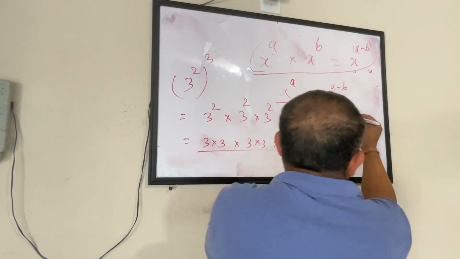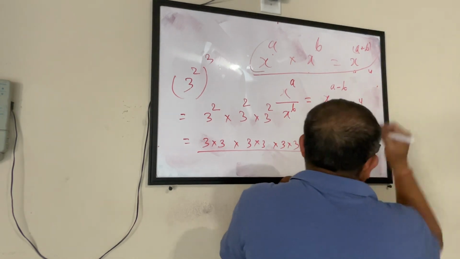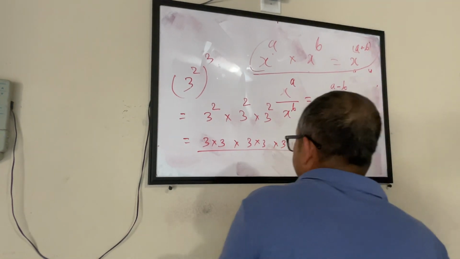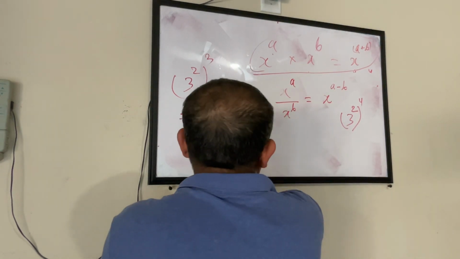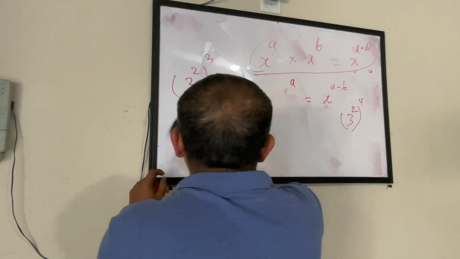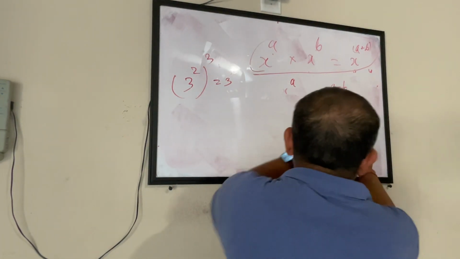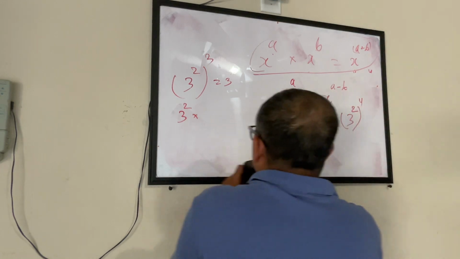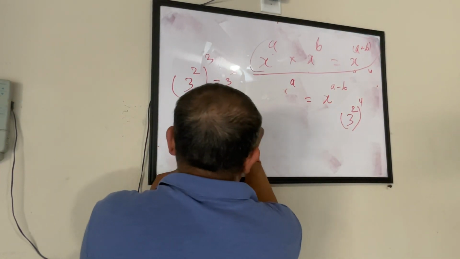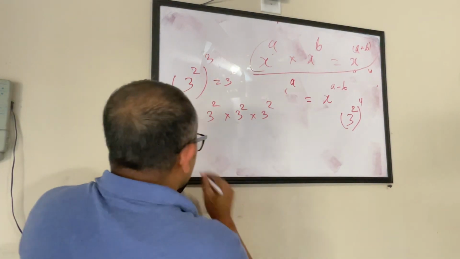If I had 3 to the power 2 multiplied by 3 to the power 4, what would that have been? So now let me clear it out. This became 3 to the power 6. Now I am looking at the second scenario: 3 to the power 2 inside the bracket to the power 4. That means this is getting multiplied by itself 4 times. What happens?